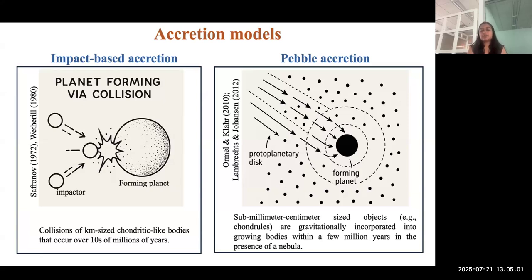Pebble accretion emerged in the past few decades as an alternative mechanism to grow giant planets, because giant planets need to grow rapidly, quicker than impact-based accretion models allow. In this scenario, a growing seed mass accretes sub-millimeter-sized pebbles, which are subject to gas drag. In this way, you can form giant planets within a few million years in the presence of the nebula.